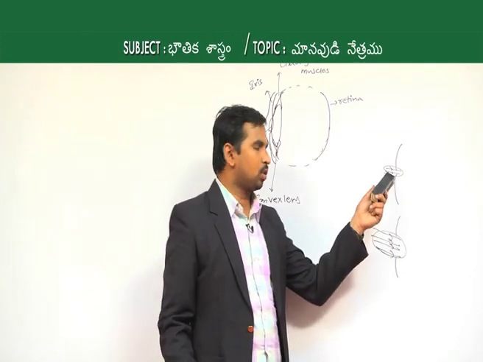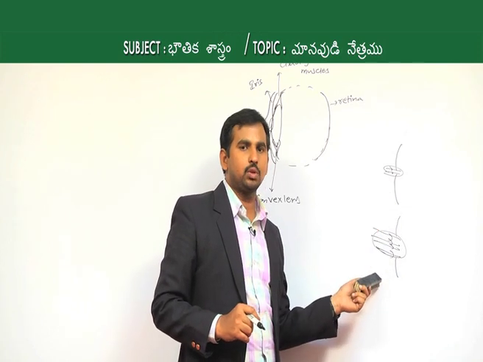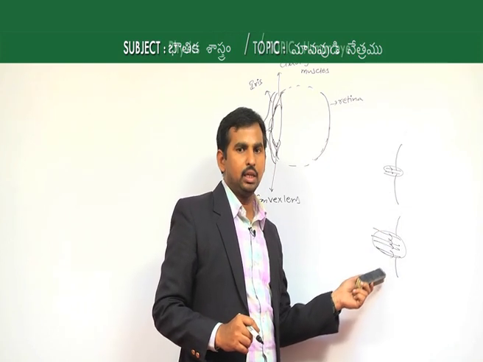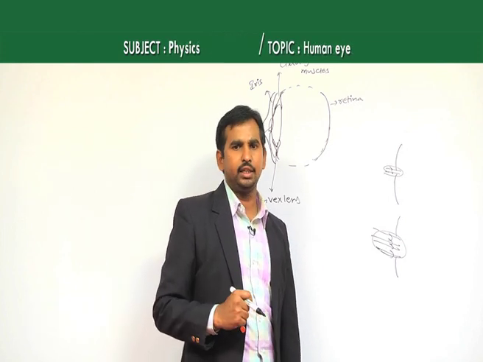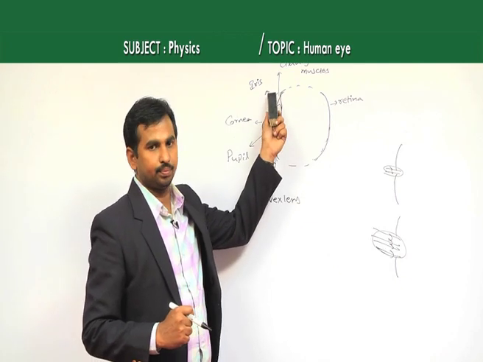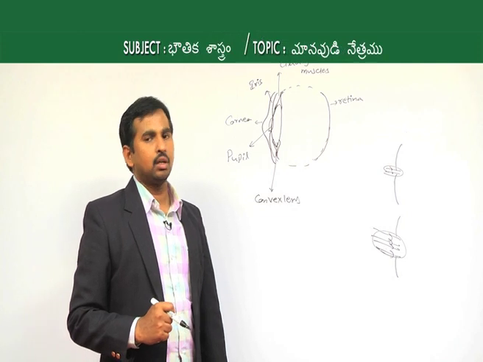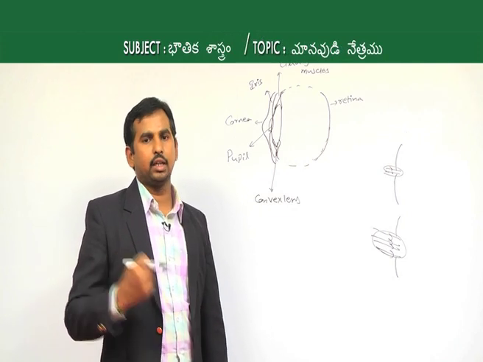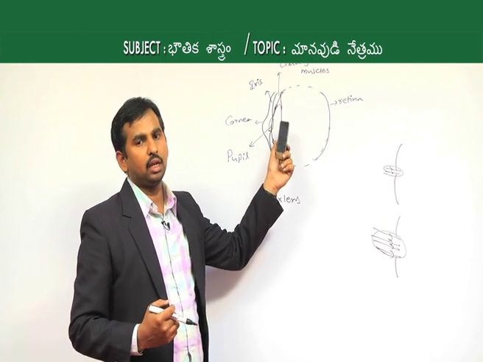Whenever it is exposed to a high intensity beam, the size of the pupil decreases. Whenever you are exposed to dim, low intensity light, the size of the pupil increases. That increasing and decreasing is done by our iris. And the next one is the cornea. The cornea helps to focus all the light rays onto our eye lens here.